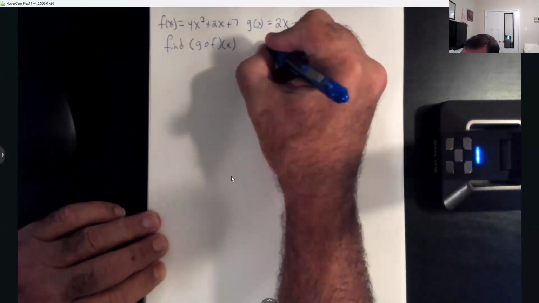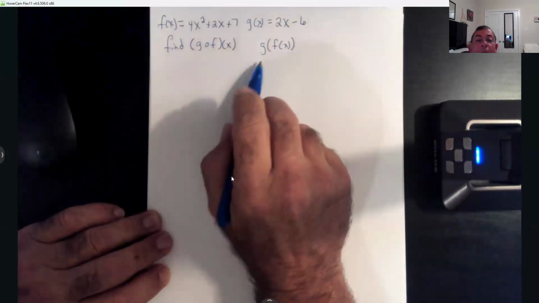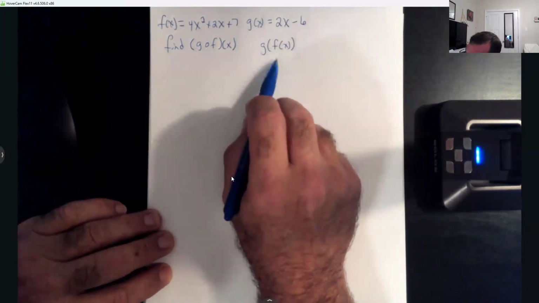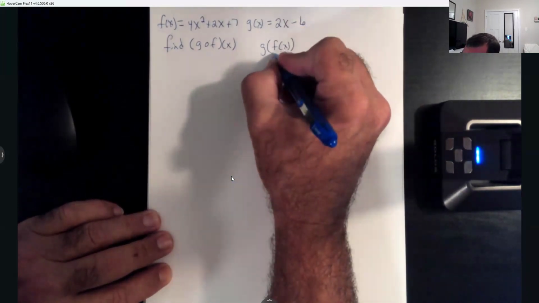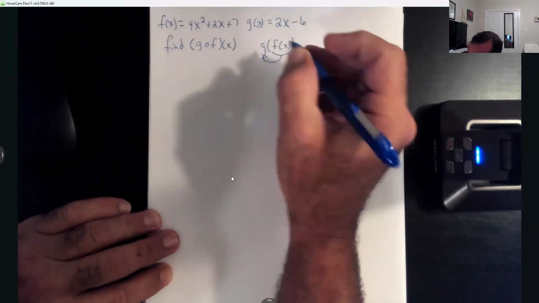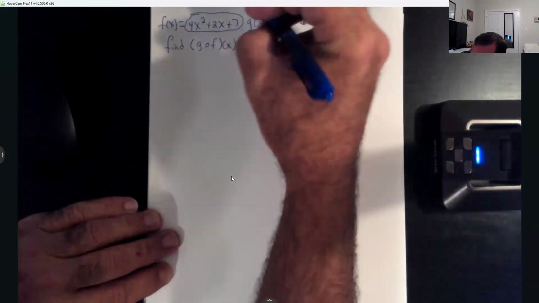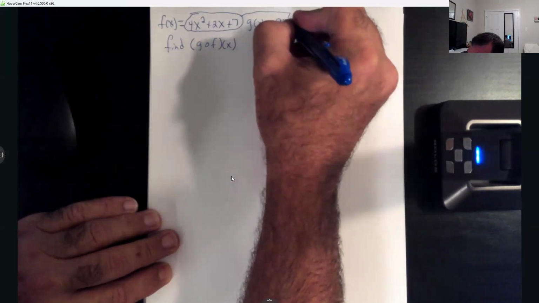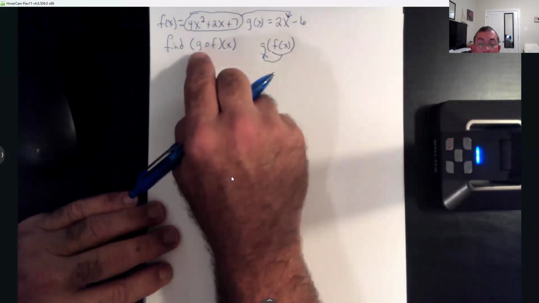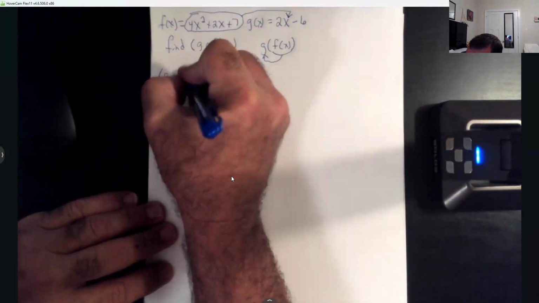So this one is like a G of f of x. They're not giving us a number to put in this time. So what that means is we take this f of x and we put it into the G. So you're going to take this f of x here and put it in to the x's on the G, okay? So that means G compose f of x.